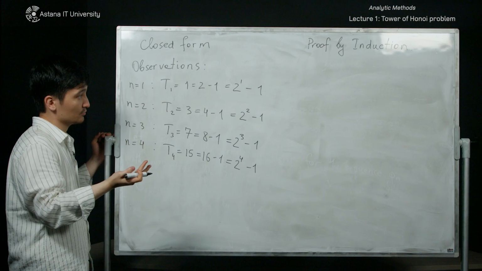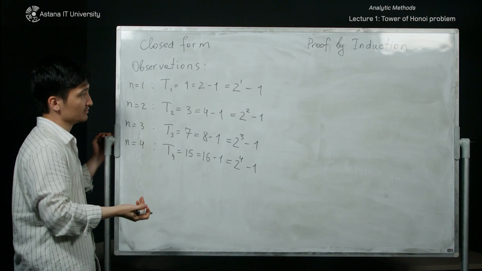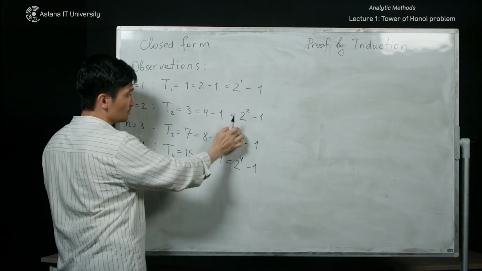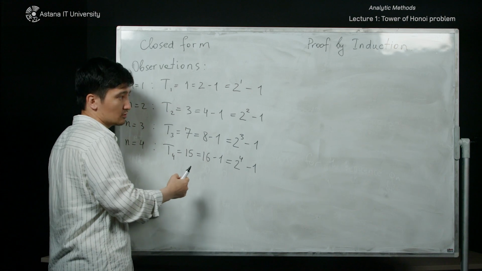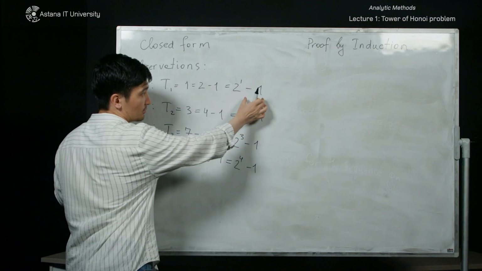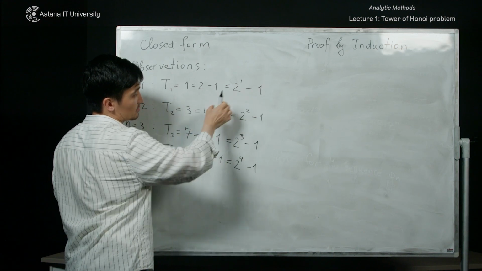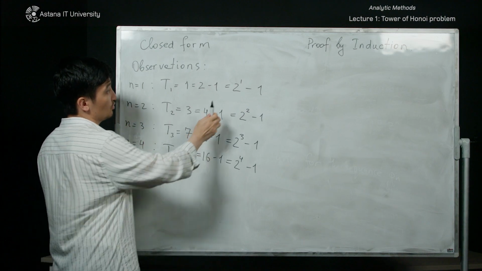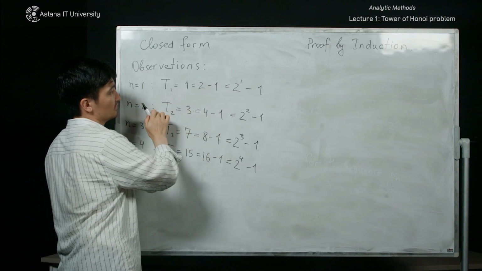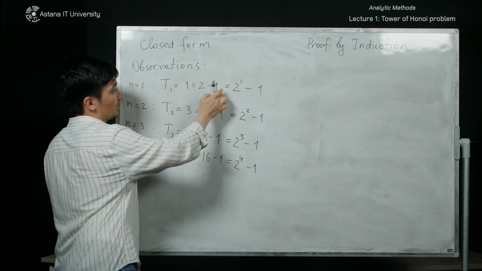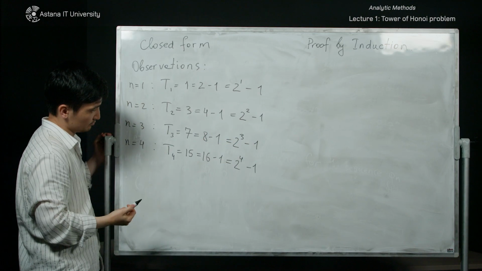So it looks like we have a pattern, right? The pattern is basically we have the power of 2, and we have a minus some constant. So in this case, minus 1. As you see, if n changes, the power of 2 also changes proportionally.